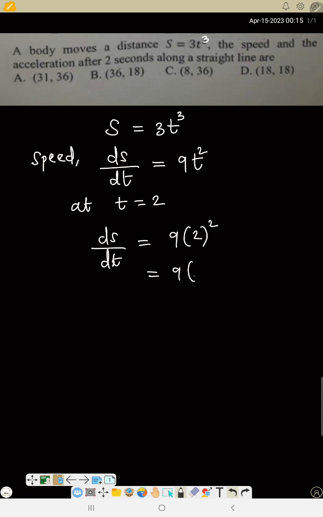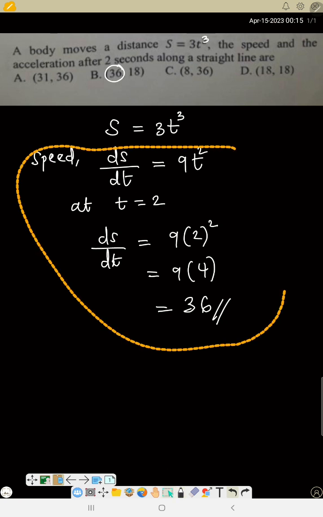So that is 9(4), because 2 squared is 4. So 9 times 4 is 36. So that means our speed is 36. So it remains acceleration now.